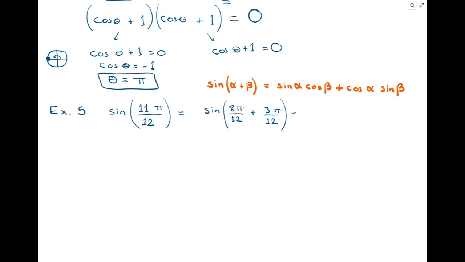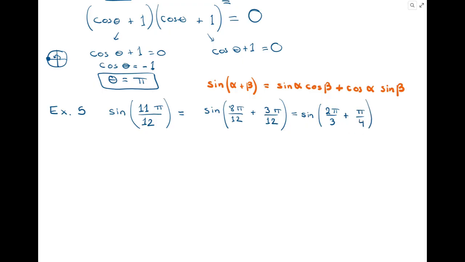So this will be equal to sine of, simplify that, so that will be 2 pi over 3. What am I doing? Trying to hurry up here. And then 3 pi over 12 will just be pi over 4.